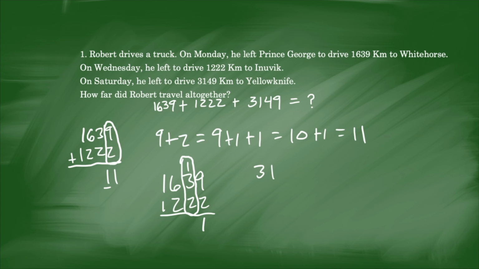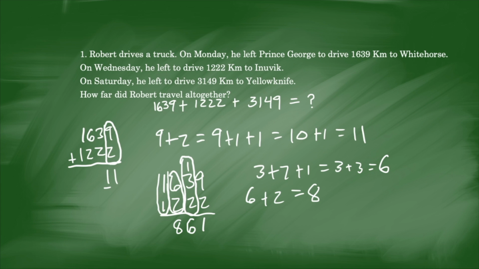That's 3 plus 2 plus 1, which is 3 plus 3, which is 6. Now we can add together the 100 place values. 6 plus 2, 8. Finally, the 1,000 place values. 1 plus 1 equals 2. So now we've got 2,861.